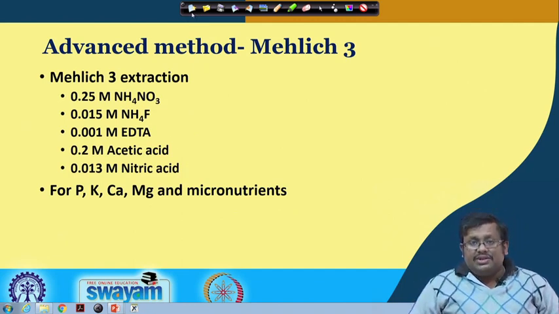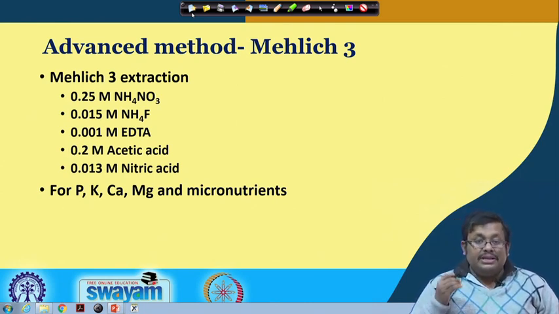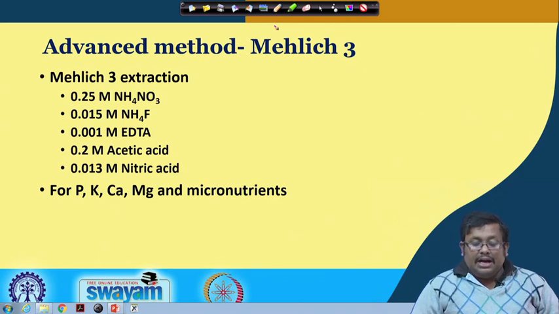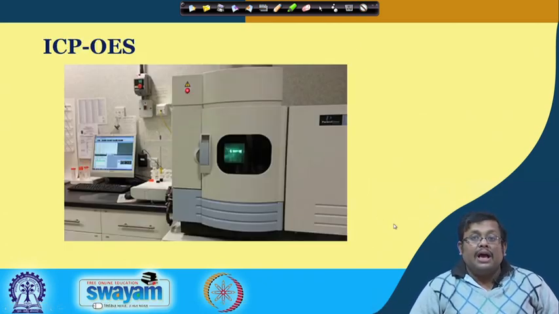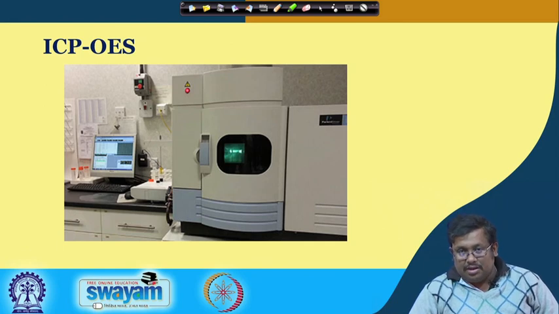Once we extract using this Mehlich 3 extractant, obviously the next step is to measure their concentration. For measuring concentration, generally nowadays the most advanced method is ICP-OES. The full name of ICP-OES is inductively coupled plasma optical emission spectroscopy.